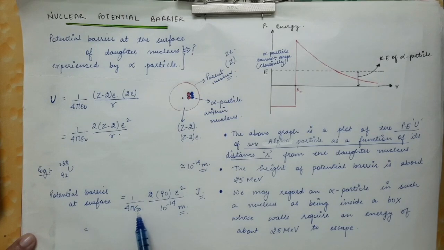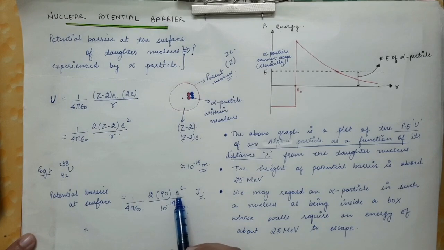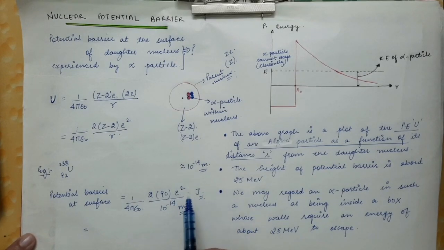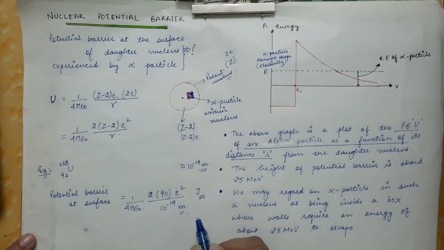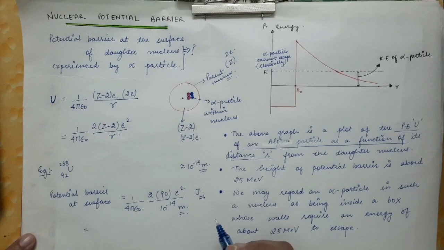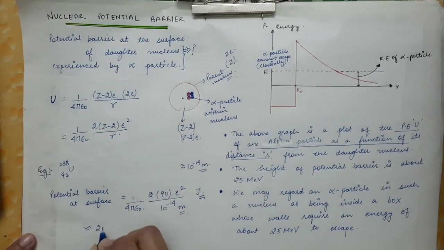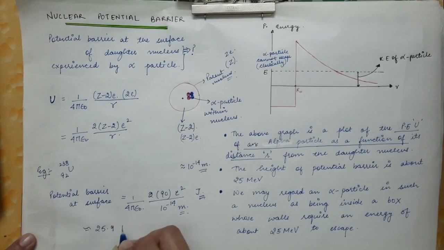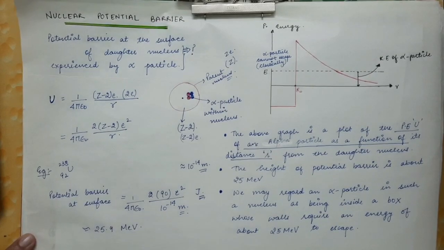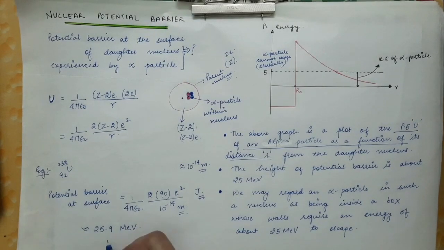So 1 by 4 pi epsilon naught has a value equal to 9 into 10 power 9. Now E, the charge, is equal to 1.6 into 10 power minus 19 coulombs. When you evaluate it, the value will come out in joules, and when you convert it into electron volts, it will be about 25.9 mega electron volt, or you can simply say about 25 mega electron volt.